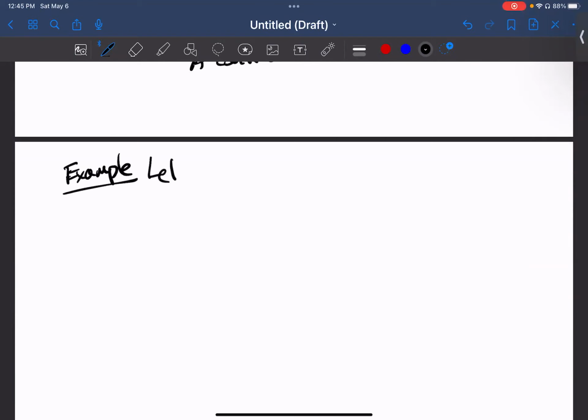So this first example, we're just going to work with the derived category of Z, the compact objects.